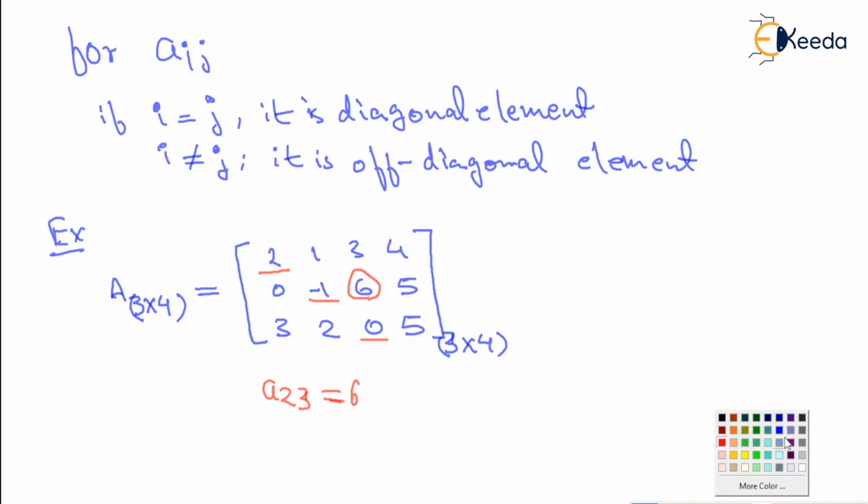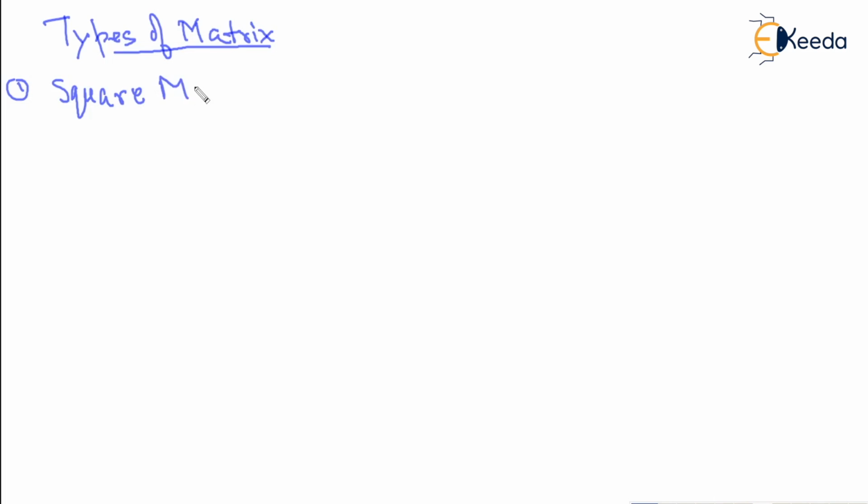So after understanding this matrix and its presentation, let's talk about types of matrix. Let's start with the first one, the square matrix.